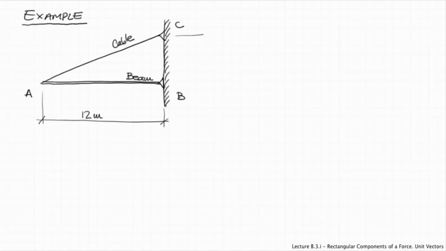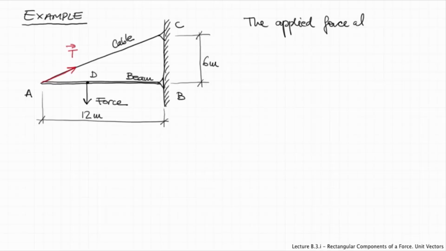The horizontal length of the beam is 12 meters and the vertical distance between B and C is 6 meters. There's a force acting on the beam at D, and because of that force, the tension generated in the cable, T, has a magnitude of 10 kilonewtons, or in other words 10,000 newtons, in cable AC.